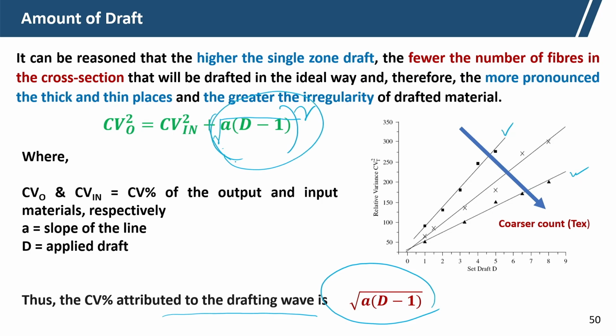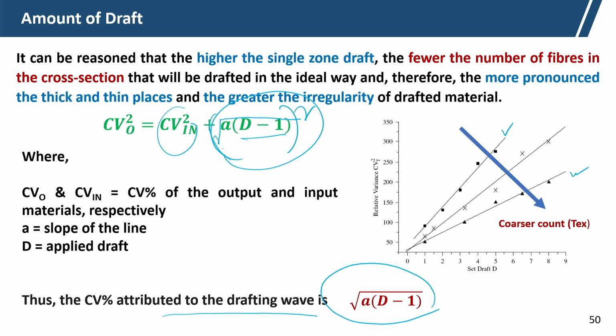So, the input material CV square plus the drafted CV percent due to the drafting wave is the square root of A multiplied by (D minus 1). That is the CV percent due to the drafting wave.